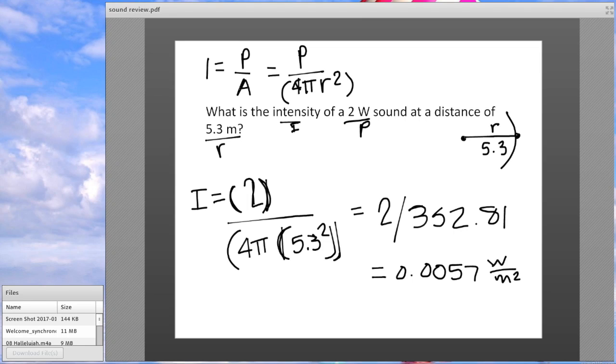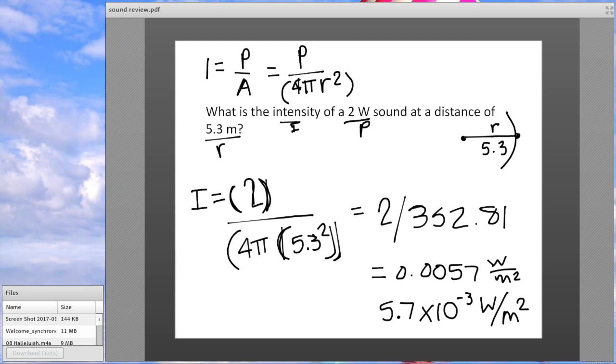Or you could also do 5.7 times 10 to the negative 3 watts per meter squared. Okay.